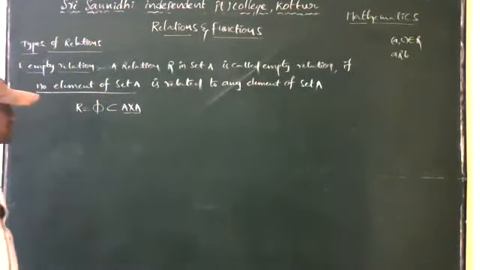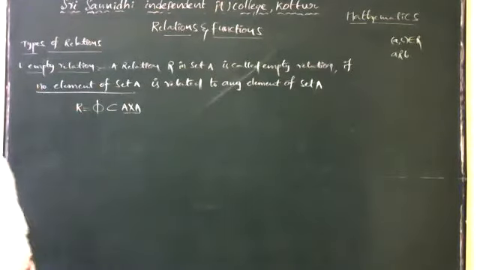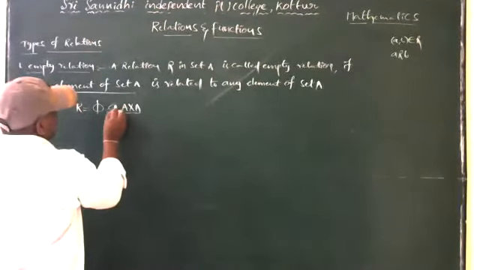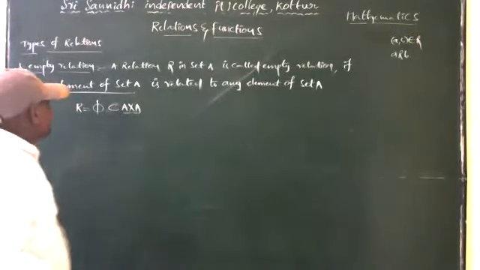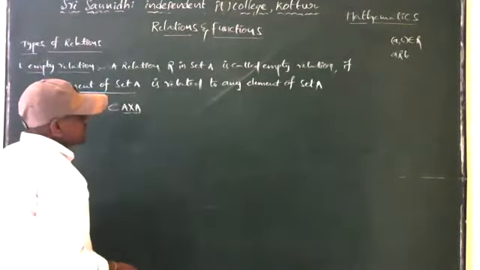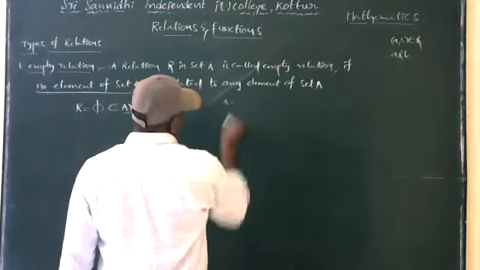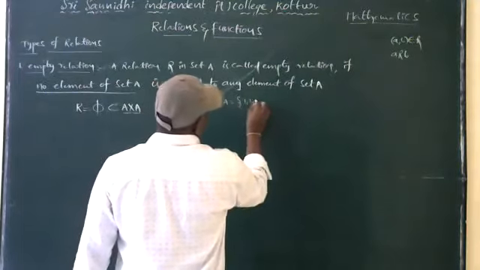Right? For example, see one example. Here, phi is a subset of A cross A. For example, here set A is 1 to 3. Set A is 1 to 3.